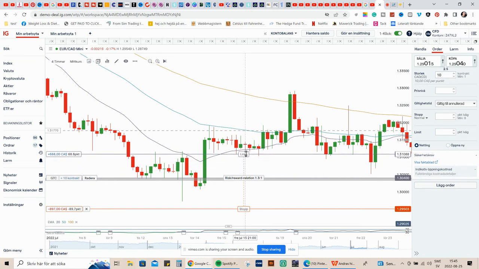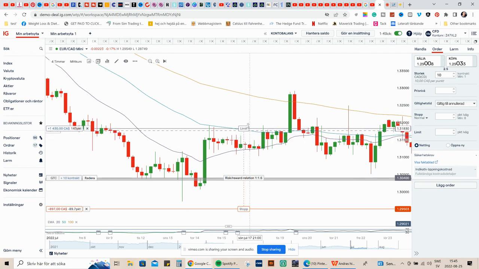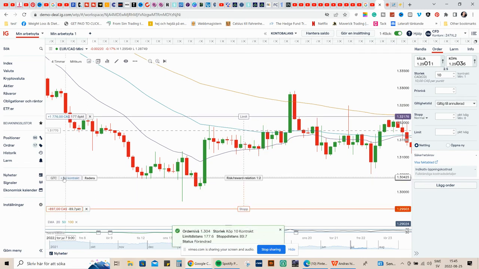But in this case you can see also here, let me see, yes, 1.2 to start with. Okay, you can see here the risk reward ratio. Here we see, oh, this happens sometimes.